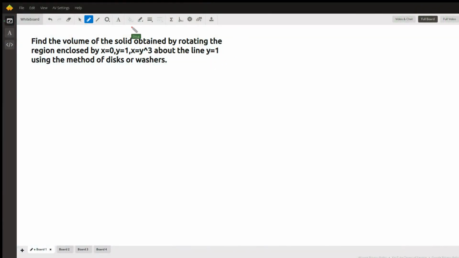Okay, for this problem, you're asked to determine the region created by those three graphs and revolve it about the line y equals 1, using either the disk or the washer method to find the volume of the solid generated.